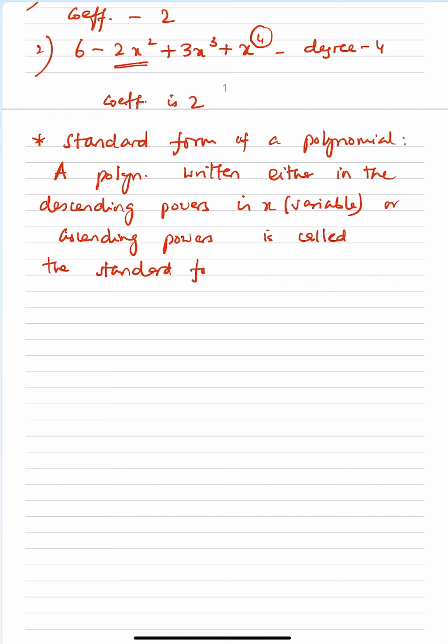Okay, that means a polynomial should be written in ascending or descending order of the powers. Okay, the power should be written like that.